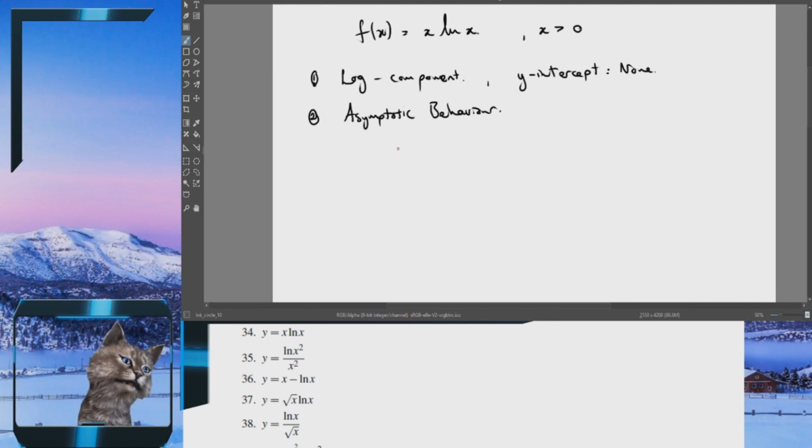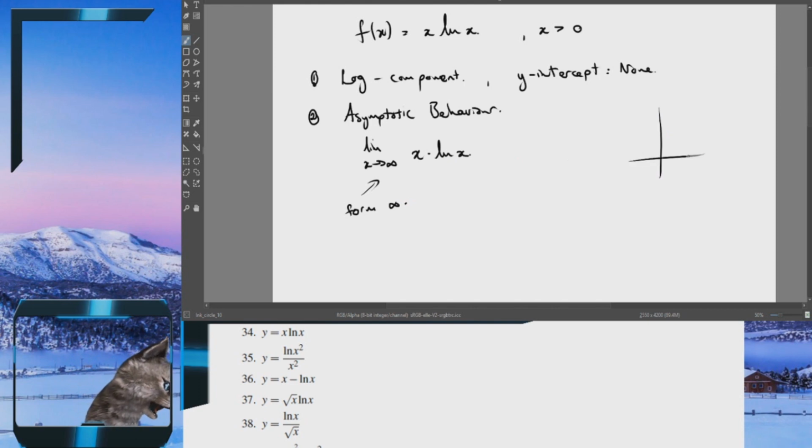So I look at my function, and I ask, what happens when x gets really big, positive and negative? But in this case, there is no negative side to speak of. So, x times natural log of x. Now, what is the form of this limit? x goes to infinity, and log of x, I remember the shape, also goes to infinity.